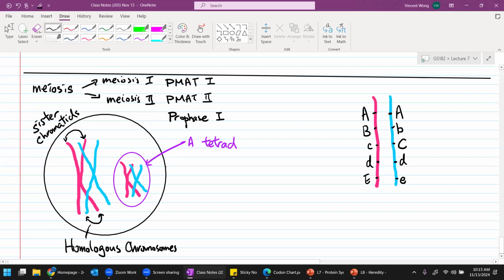Okay, so let me write it out for you, and then we'll be done. Homologous chromosomes find each other to form a tetrad.